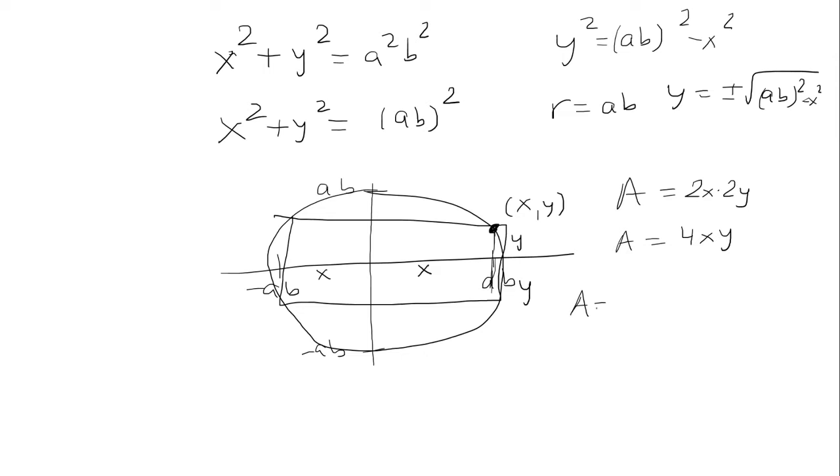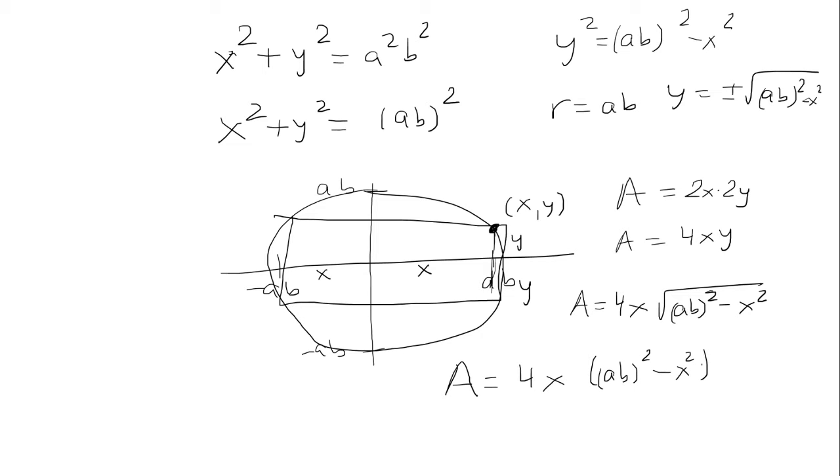So we're going to multiply it with the positive square root of (ab)² - x². And now we can just take the derivative. But before I do that, I'm going to rewrite it as to the 1/2 power, to make it easier.